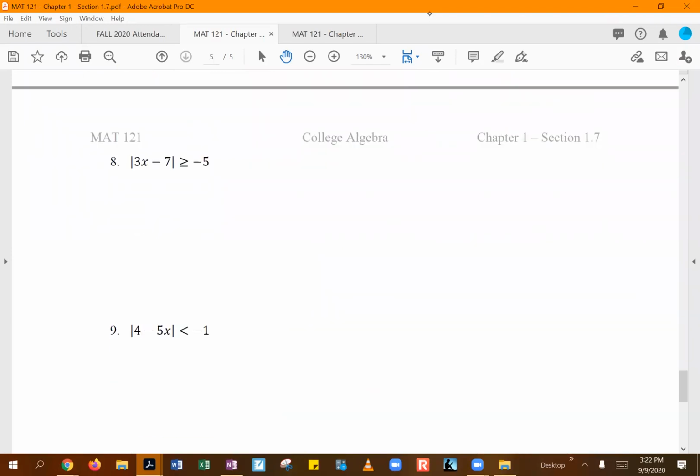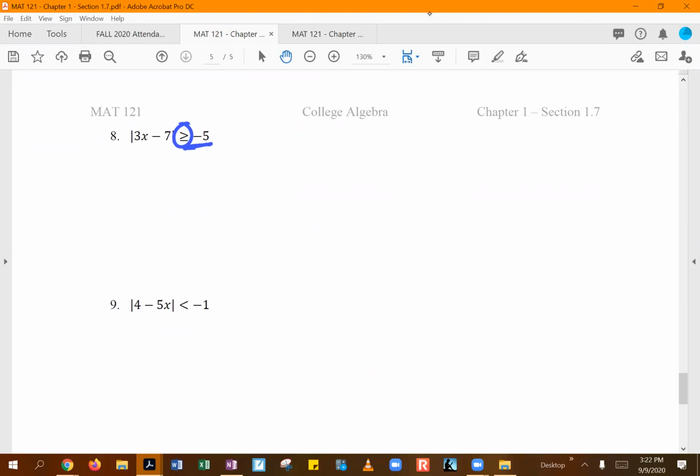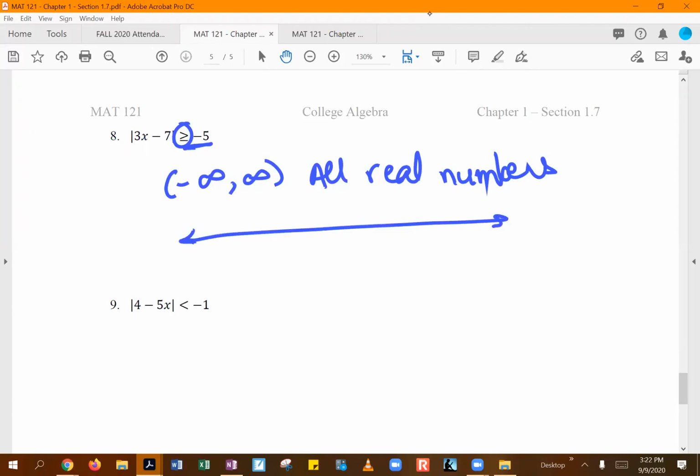But the moment you get into these negative numbers, the greater than symbol will tell you it's going to be all real numbers. The negative to positive infinity, and this is where you are selecting the graph where the entire line is shaded.